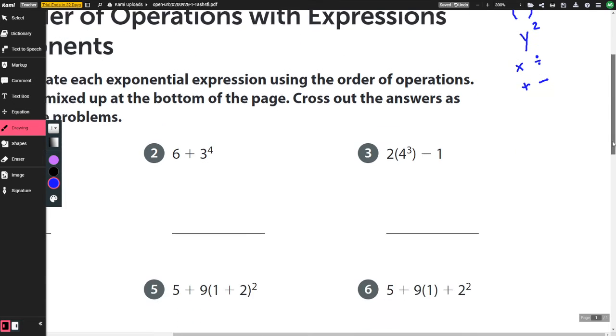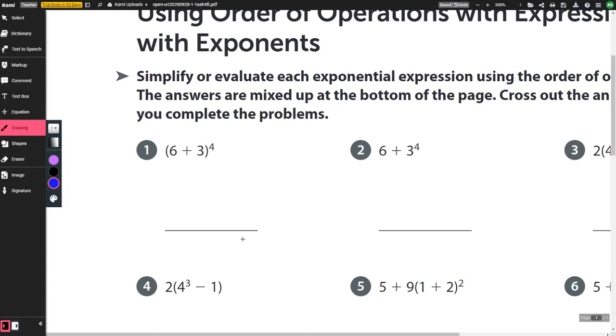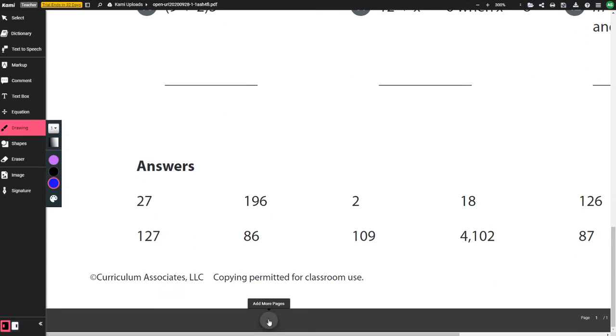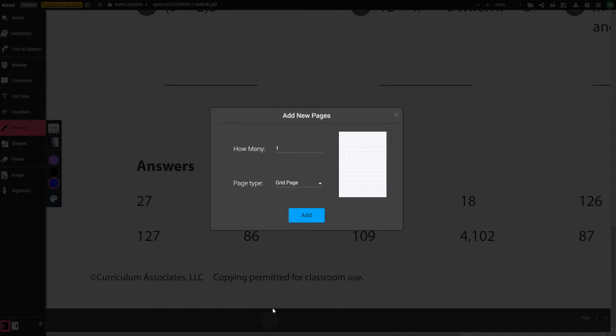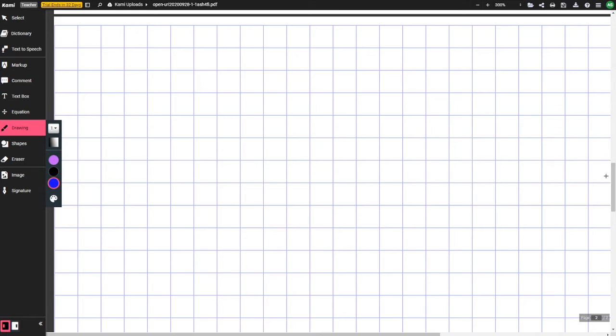Now, I'm going to be doing 3 of these with you. The first one I'm going to be doing is number 1. So I'm going to scroll all the way to the bottom and click on this little plus sign to get an extra page so I can show my work there. I'm zoomed in really close so that I write really neatly.